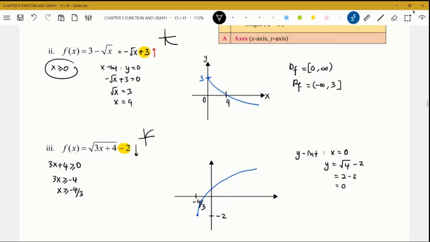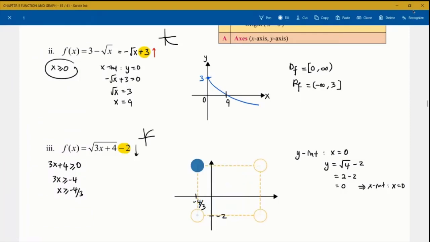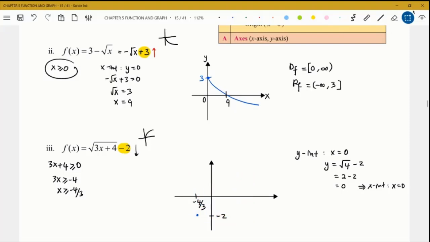So bila y-intercept adalah 0, bermaksud x-intercept kita pun 0. Okay, so we need to change your graph. Kita ubah dia, kita adjust. Dia lalu kamu punya origin. Okay, so we need to put your y-axis, x-axis, and then 0 origin.